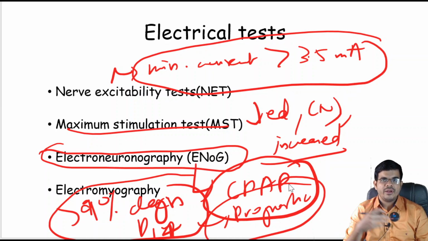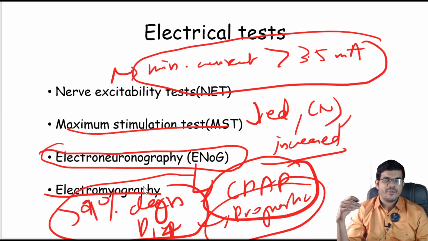Now in electromyography, you are looking for whether the patient has fibrillation potentials or not. In the normal course, in the first 3 days you will have Wallerian degeneration occurring. So in those 3 days there is no use of doing any tests, as it will give varied results. Only after the Wallerian degeneration is complete, on day 3, you can do the other tests.